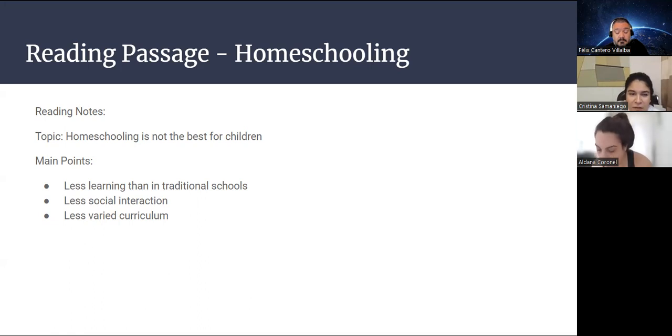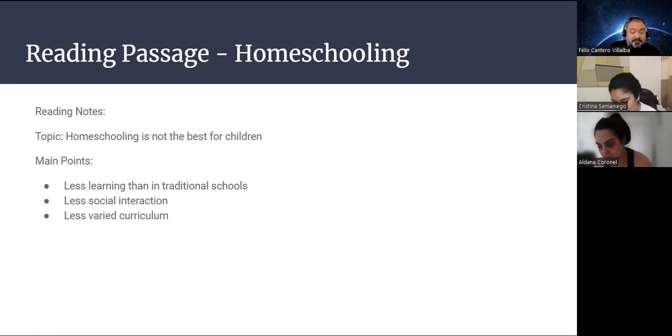The speaker disagrees with the reading passage, because he said, I have 10 years of experience in homeschooling. And for the main points, he disagreed with the idea that children learn less. He said there is no proof that children learn less.